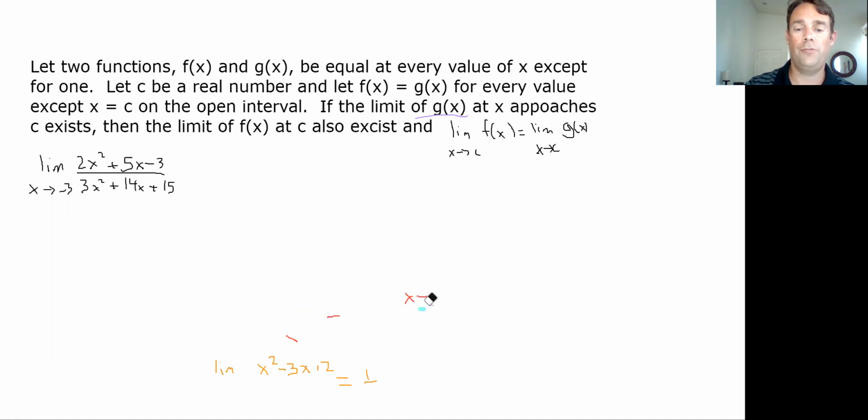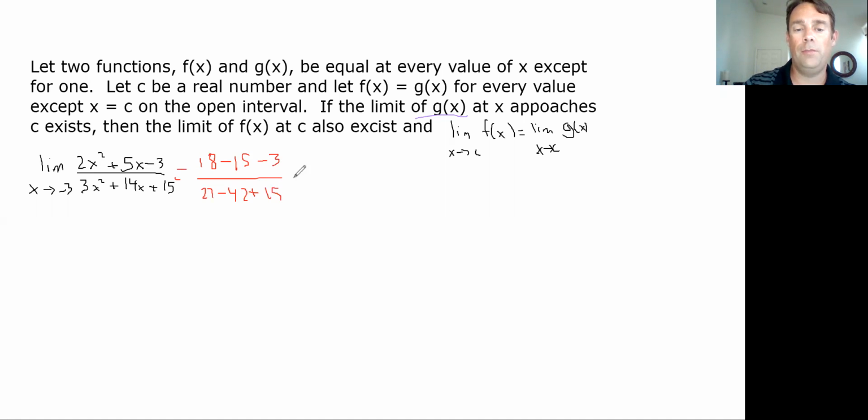And again, this is called factoring out or dividing out. All right, so if I were to go through, the first thing we always got to do is make sure that it actually works. So if I plug in my -3, I get 18 minus 15 minus 3, all over, if I plug my -3 down there, I get 27 minus 42 plus 15.